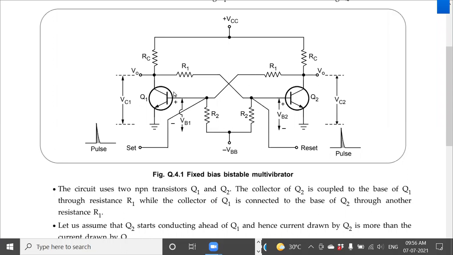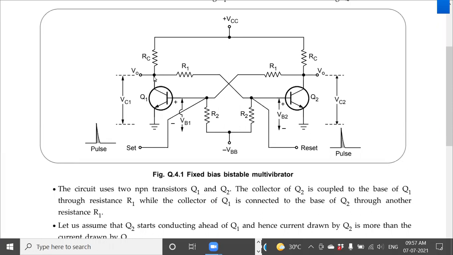Because the base voltage is decreasing, the current drawn here will further reduce. Initially we had high current through Q2 and low current through Q1, but because of this connection, Q1 current further reduces, so Q1 is moving towards the off direction.